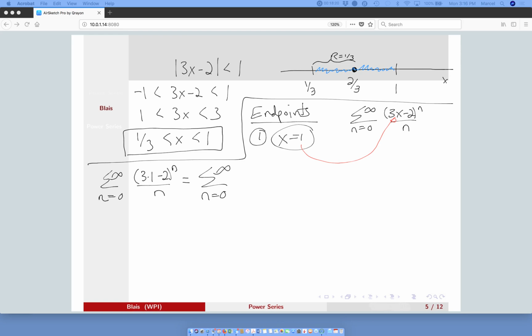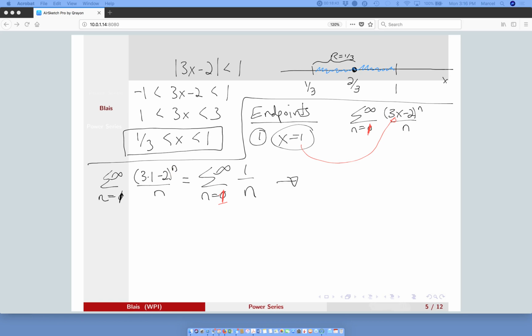Sorry, this sum actually starts at 1, right? That was a mistake because the first term wouldn't be defined. But when we simplify this, we have 3 times 1 is 3, minus 2. So that's 1 to the n, or just 1 over n.